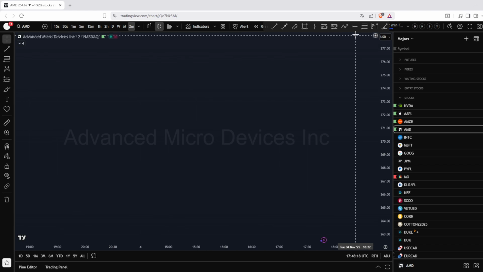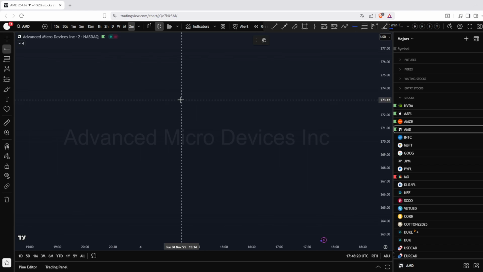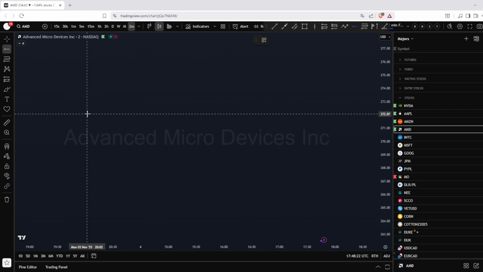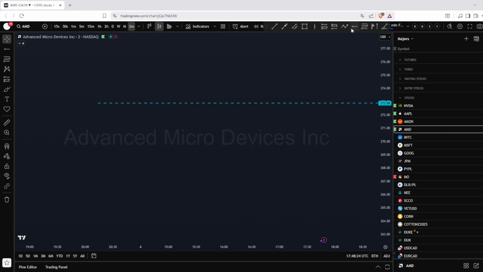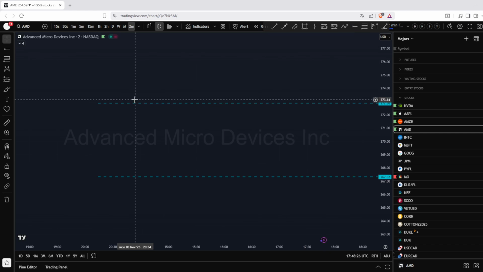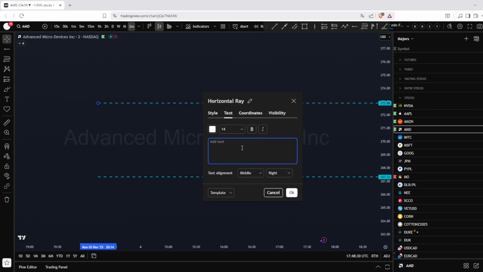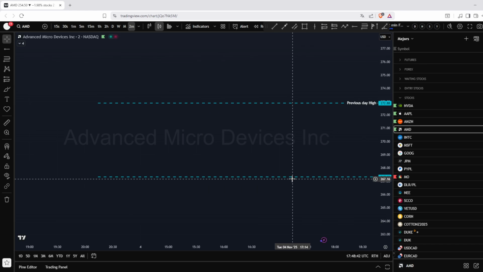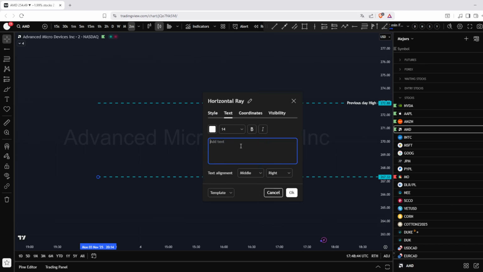As I told you in the other live stream, it's really important to look at those levels, which are, in this case, the previous day high and the previous day low.